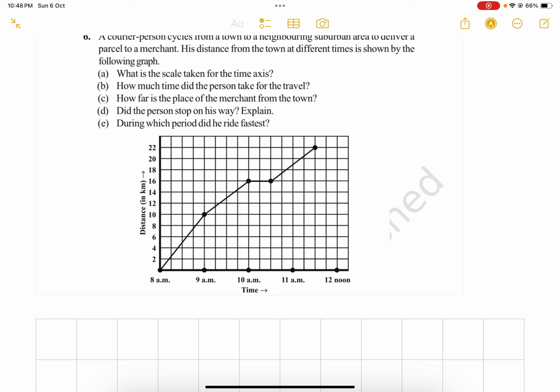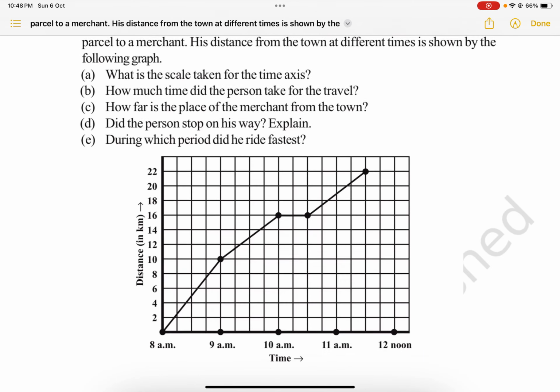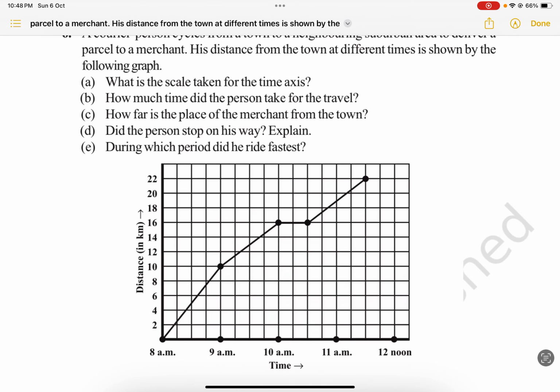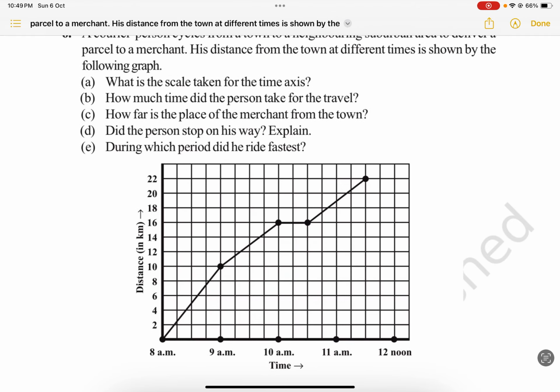The time axis is given as 8, 9, 10, 11 like that. And on the y-axis it is the distance in kilometers. The scale taken is 1 hour as a gap. That means each 4 units is equal to 1 hour.